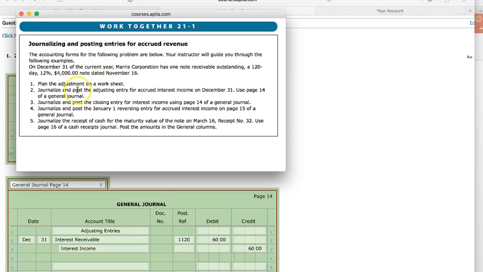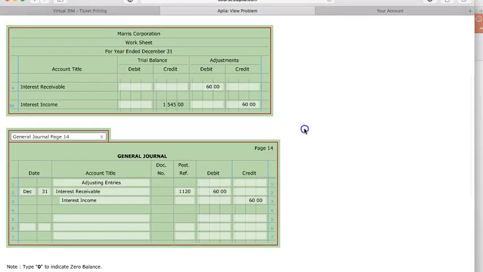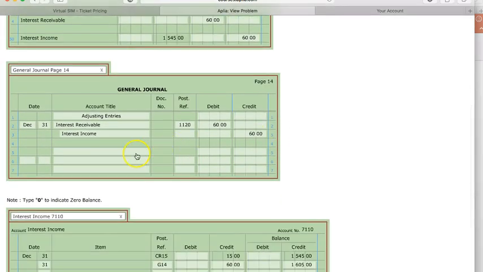Okay, we've done number 2. Number 3, journalize and post the closing entry for interest income using page 14 of a general journal. Okay, so we're going to go to our closing entries.